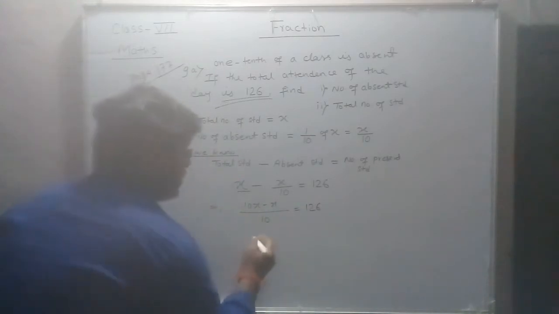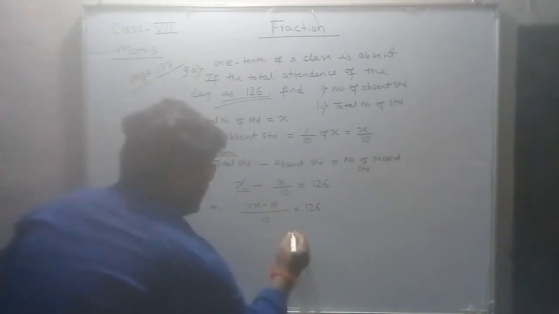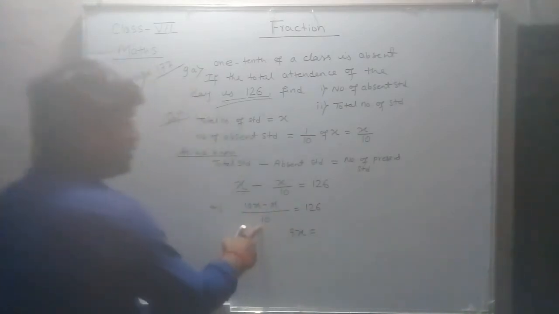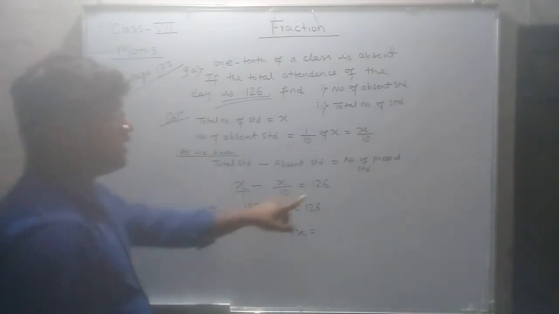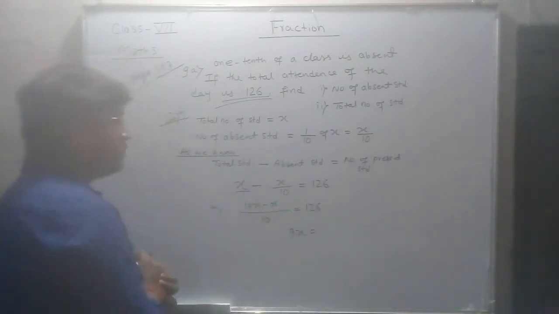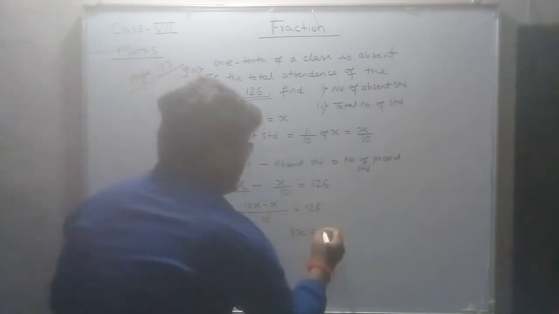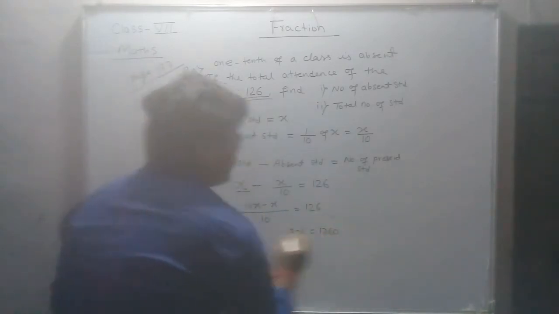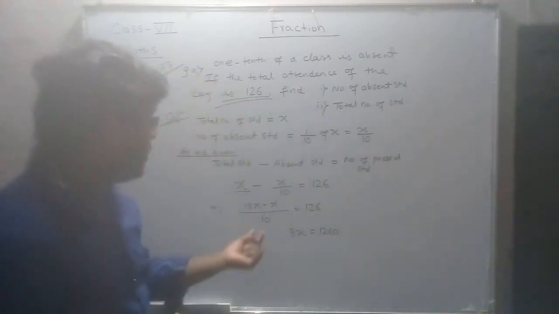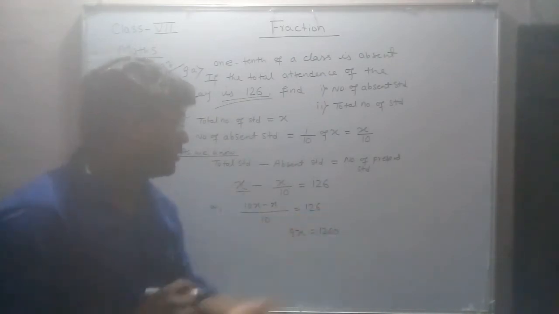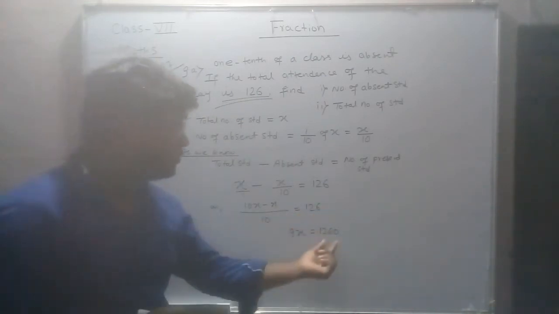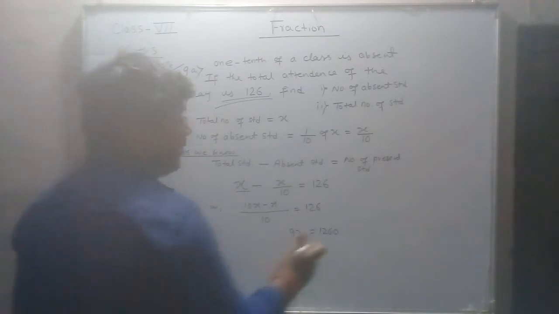So we got 10x minus x, that is 9x, is equal to 126, and the 10 is transferred to the right hand side, where it will multiply with 126. If you multiply 10 with 126, you will get 1260.